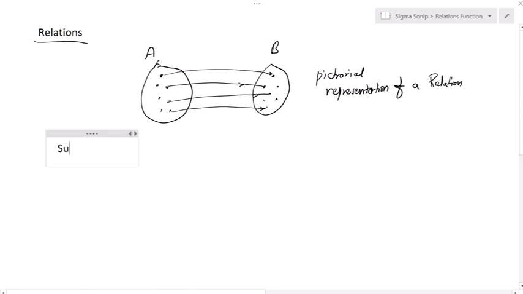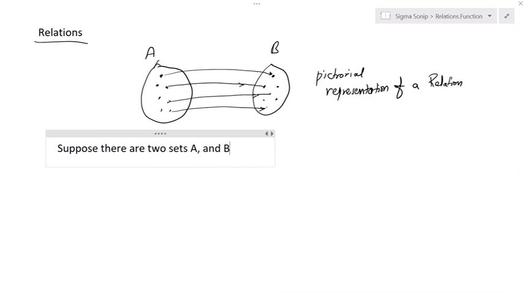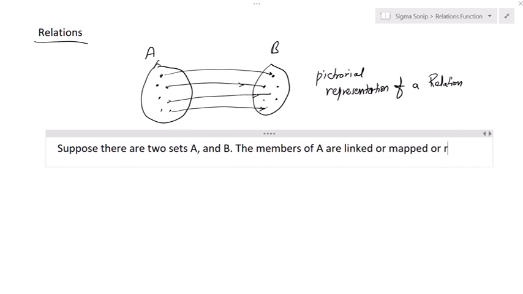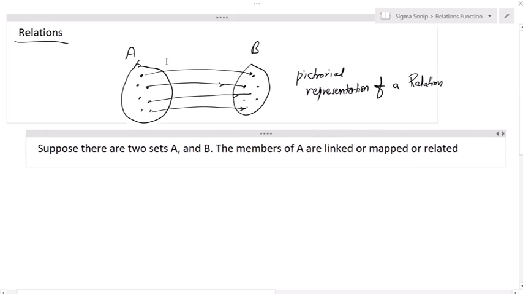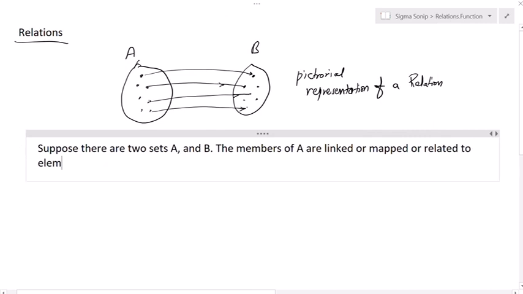Suppose there are two sets, A and B. The members of A, just like we have shown here in the pictorial representation, we call linked or mapped, or we can use any of these words, related, to elements of the set B. So this is what we have shown there.